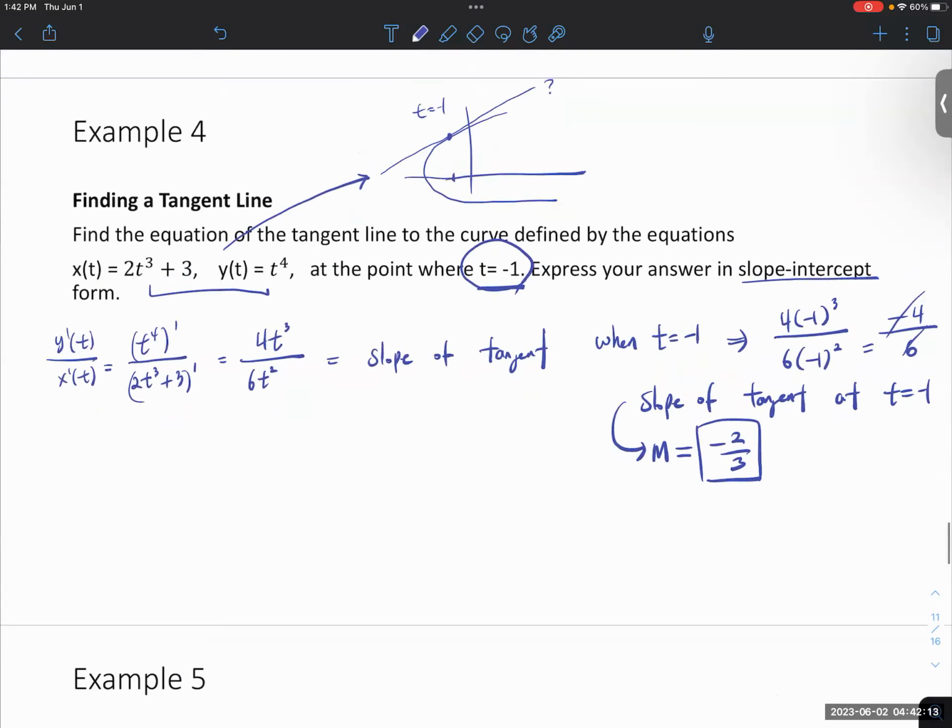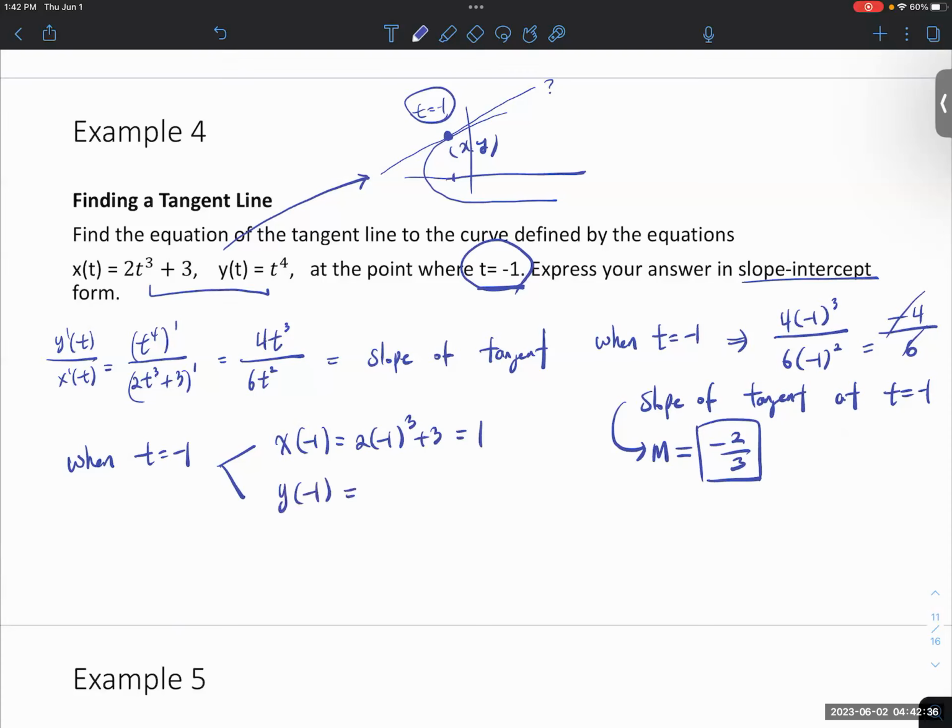Good. Now, when t equals -1, you can find x comma y, right? The x coordinate will be 2 times (-1)^3 plus 3, so that would be 1.